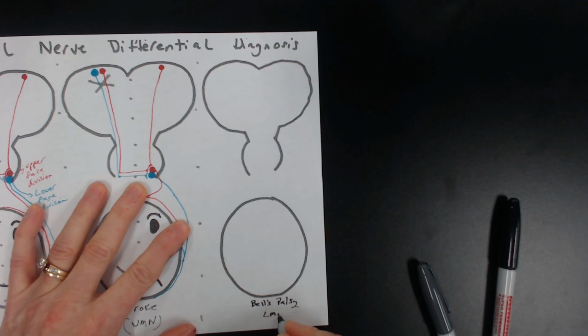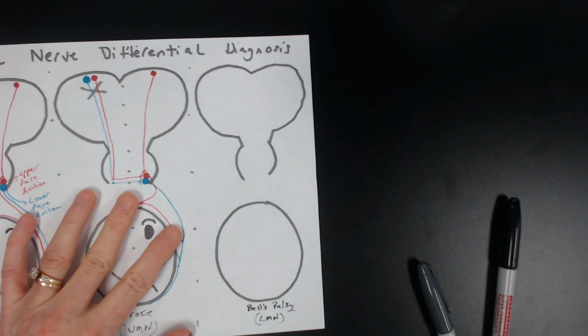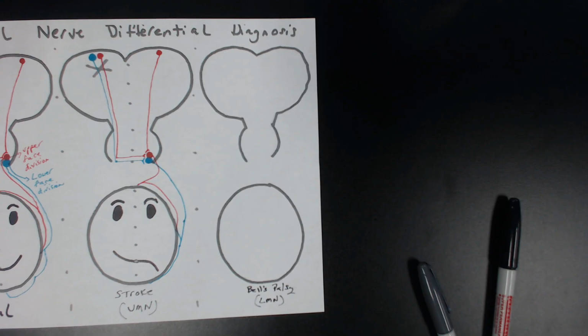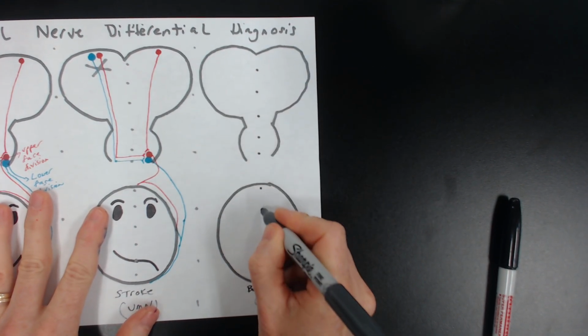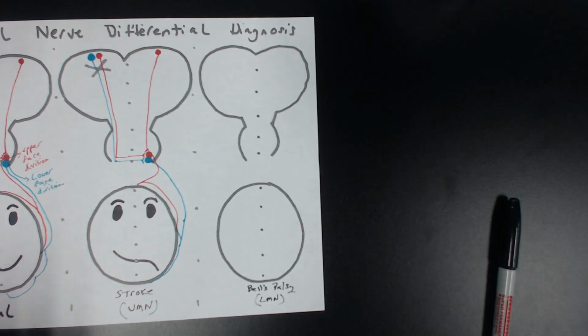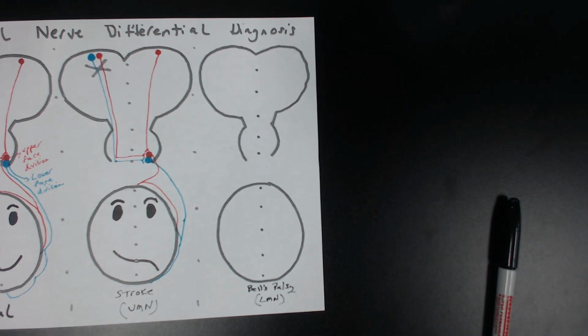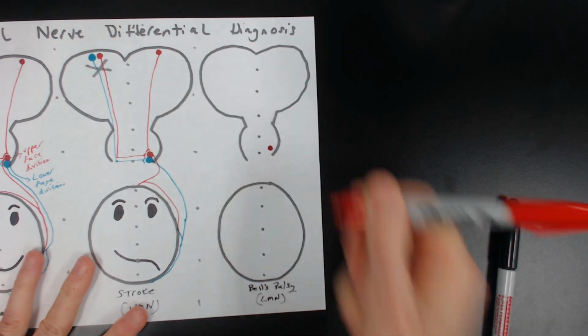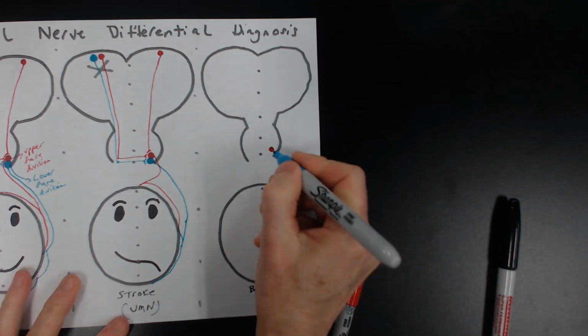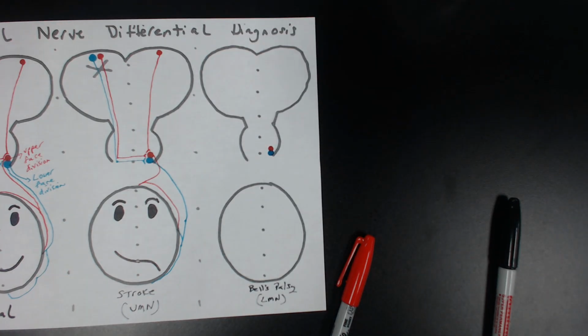And that's a lower motor neuron problem. Now we're going to look at what happens with the lower motor neuron issue. And again, I'll just put in my midline. Okay, so upper face division, facial nucleus, and lower face division, facial nucleus, still there.